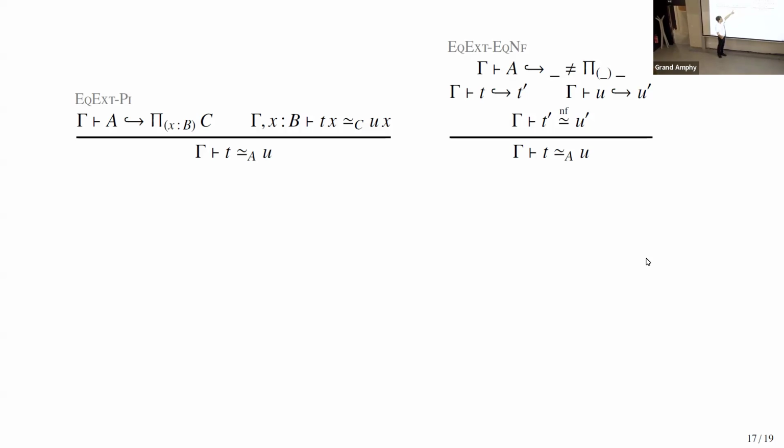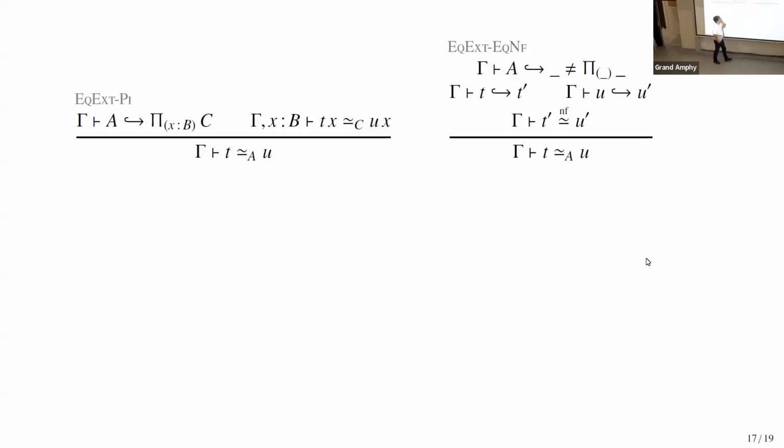So I normalize A, and if it normalizes to a product, then I can use extensionality, and so I proceed by comparing t applied to a fresh variable x and u applied to the fresh variable x.